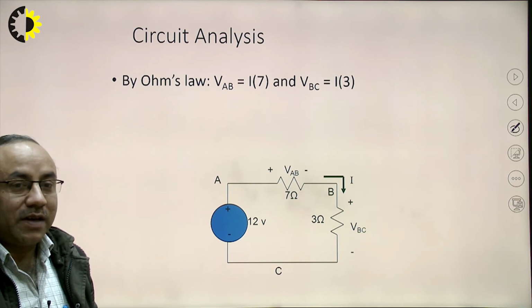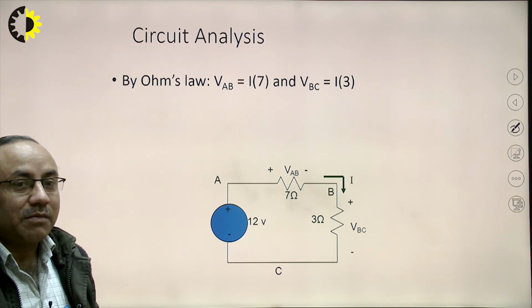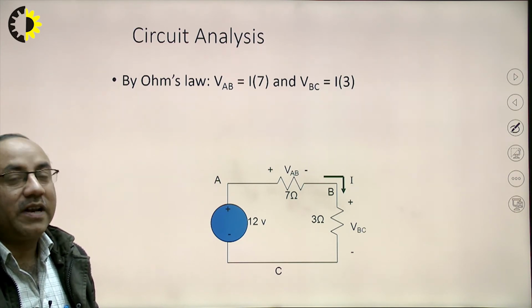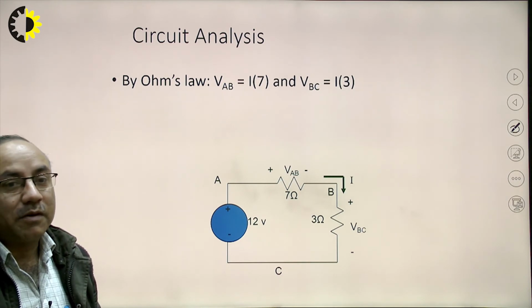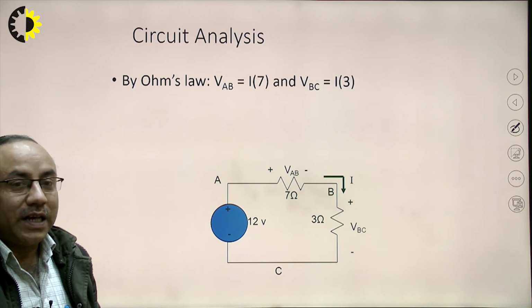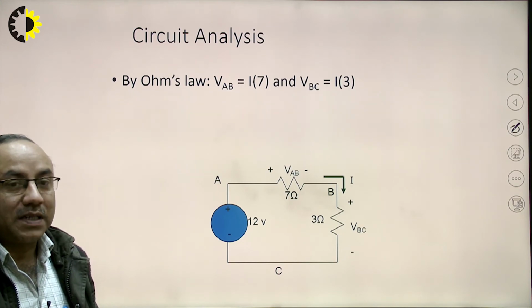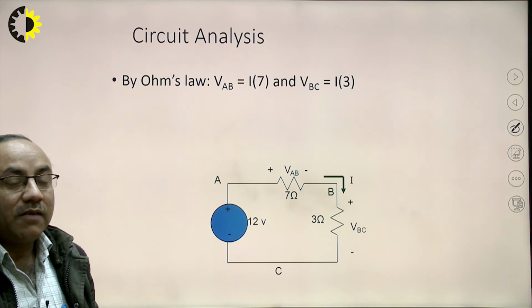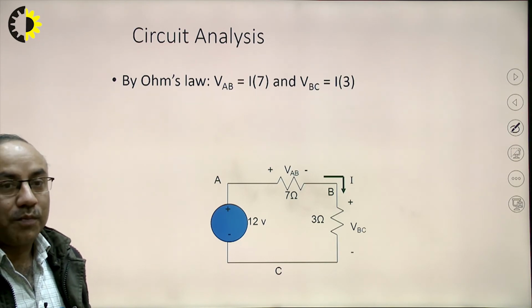So, as per KVL, if we apply it in this circuit, we will have to take the algebraic sum of voltage drops in the passive elements, and similarly we will have to take the algebraic sum of EMF in the loop. EMF is for the voltage source, and then we equate the two, and then we can find the current passing through this loop or passing in the different elements which are connected in this loop.